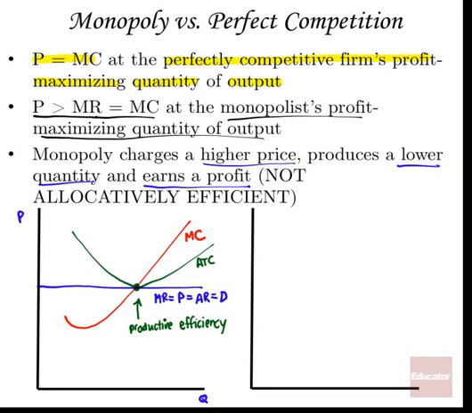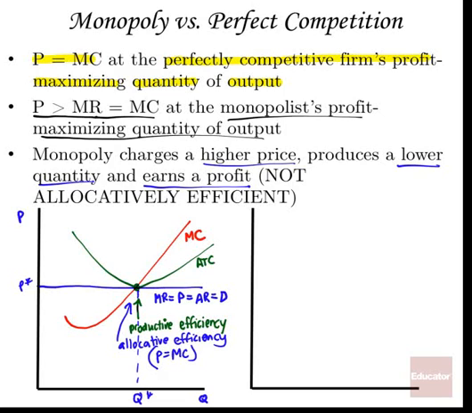But more central to that, this is also the point of allocative efficiency. So this point right there is Q star and P star, because the price equals the marginal cost here. Price equals the marginal cost. So that's perfect competition. So nothing new. This is a review here.